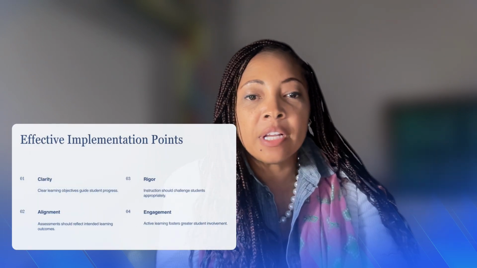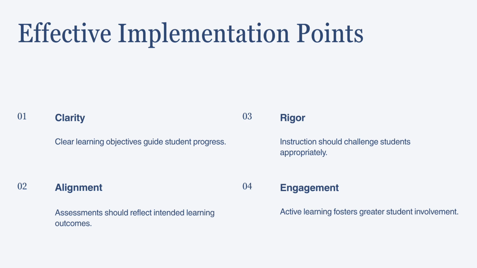All right, next we want to talk about an effective implementation plan. First is clarify. When you're clarifying, it starts with having clarity around the learning objectives that really are going to validate for us as educators that students are actually learning.